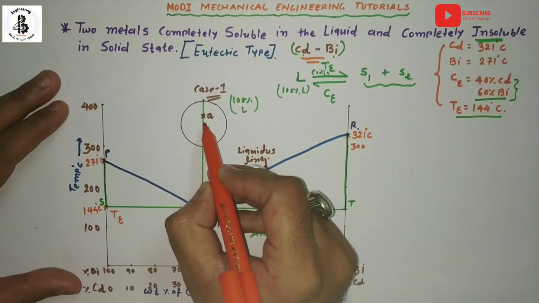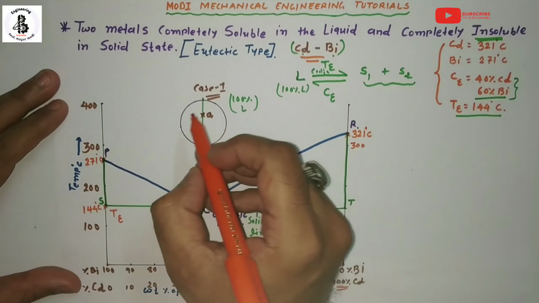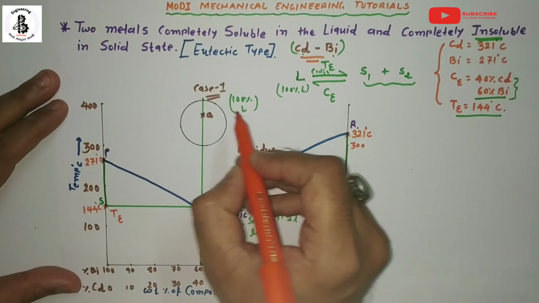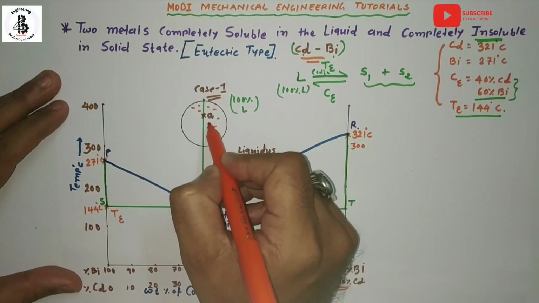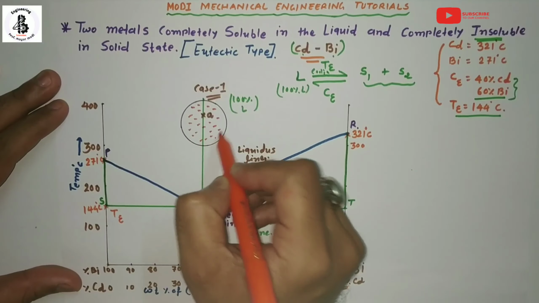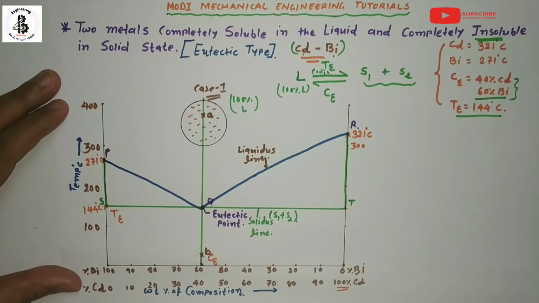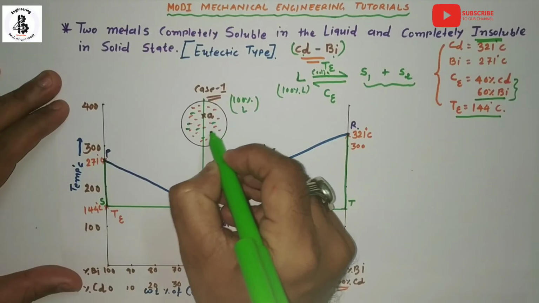At point A, which is above the liquidus line, it always forms 100% liquid. But here it will be a mixture of cadmium and bismuth, the total mixture in the form of liquid phase.